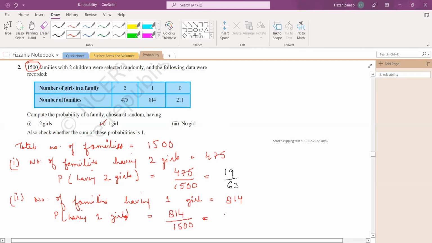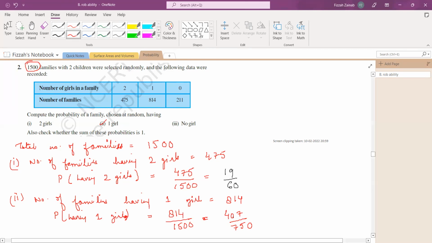Okay, anybody tell me? Ma'am, 0.542666 something. Oh, okay, now tell me in fraction, what are you getting? Ma'am, 407 divided by 750. Okay, can this be divided further? No, ma'am. Ma'am, in the answer sheet, it is also given in fraction.